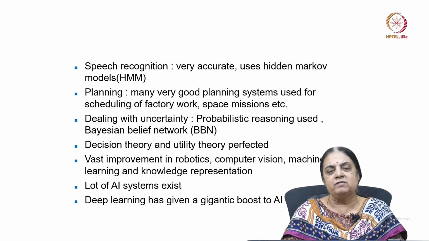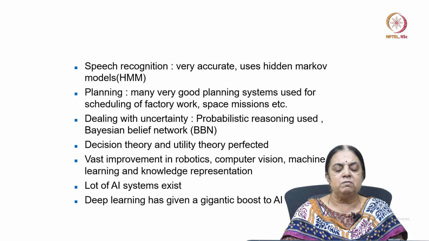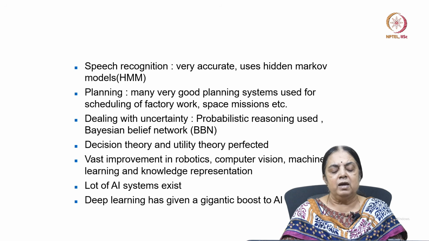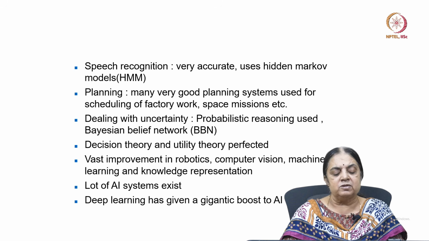For example, things like frames, etc. So you find a lot of new ways of knowledge representation which are much more practical, and with the improvement in computers, okay, knowledge representation has also improved a lot, okay. So now you find that there are a lot of AI systems, especially the commercial ones. You find a lot of commercial systems, AI systems, okay.